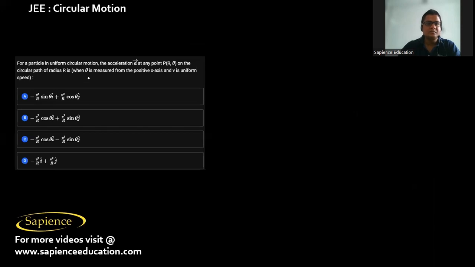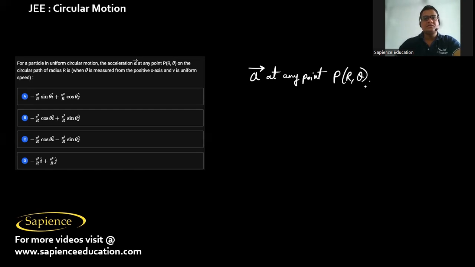Then here it is told, for a particle in uniform circular motion, the acceleration a at any point P r comma theta on the circular path of radius r is, a particle is performing uniform circular motion.